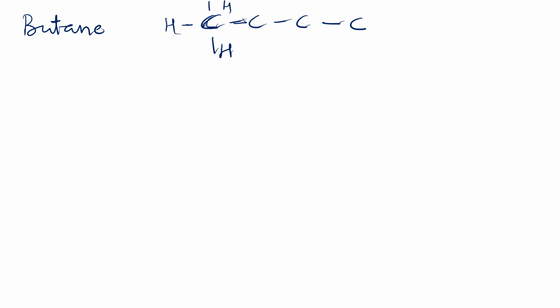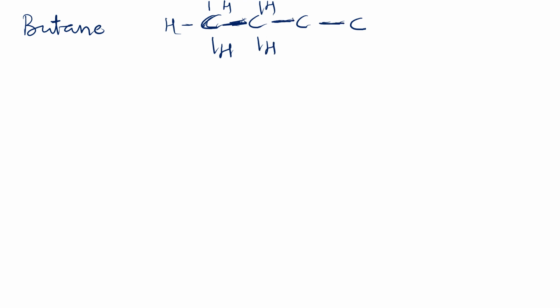We'll go further, and then we have butane. Butane means four carbon atoms bonded or linked together in a long chain. Again we will follow the same thing. This carbon is bonded with one carbon, so it has to form three bonds. This is bonded with two carbon atoms, so it will form two bonds with hydrogen.